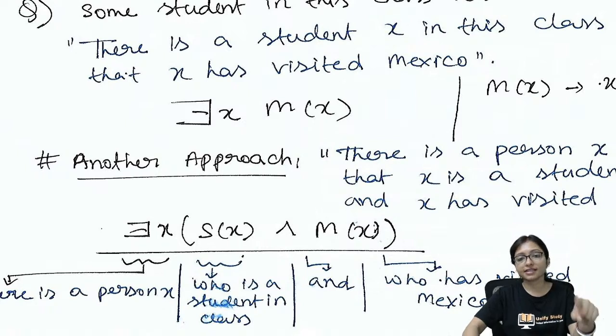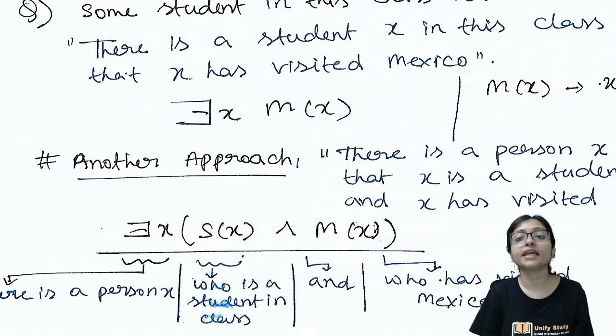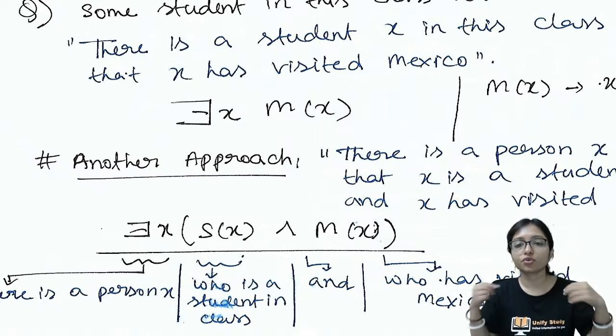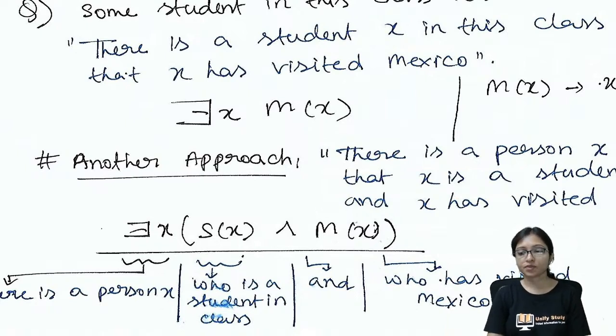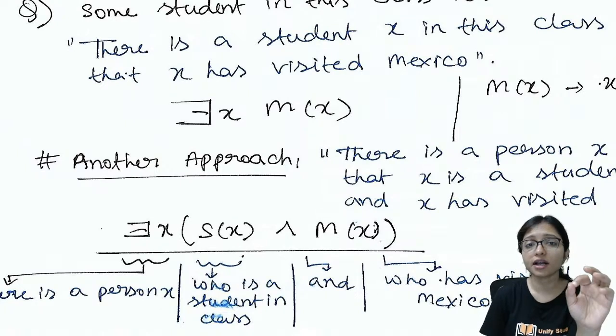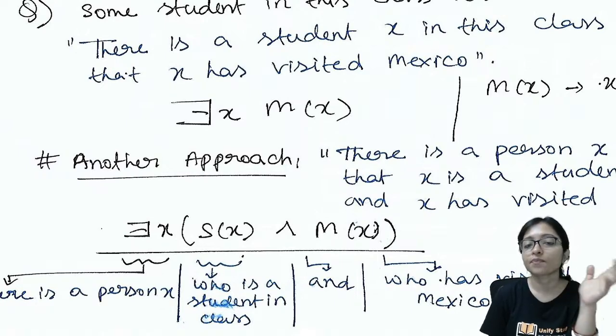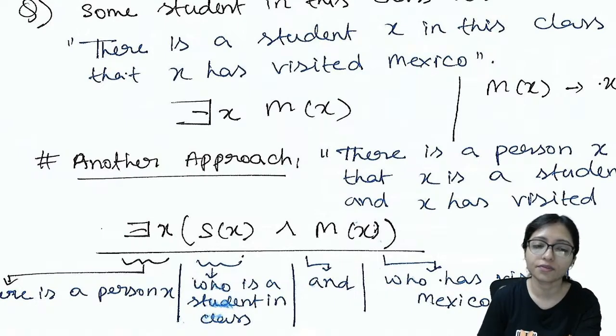With the there exist you can use "and". With the for all you should use the implication. This is very important to remember, otherwise this type of confusion will always happen. Got it? Apply this method, then there will be no confusion. Easily you can get the answer, but otherwise you will be confused.